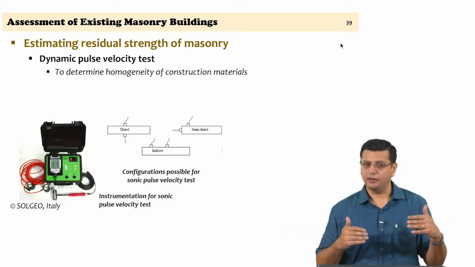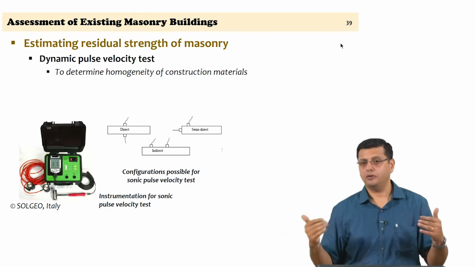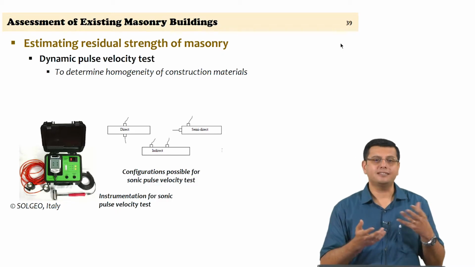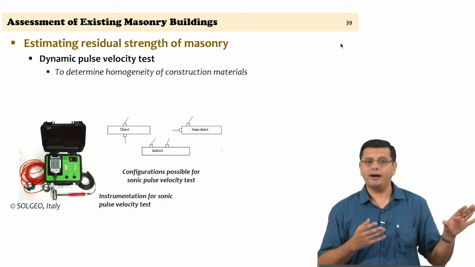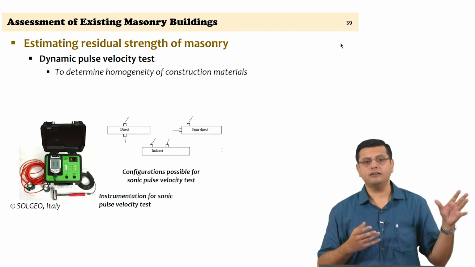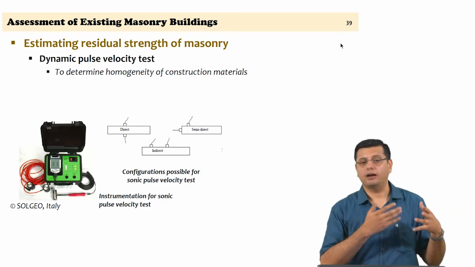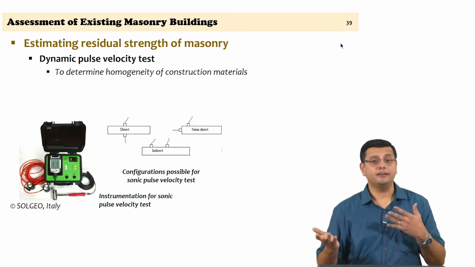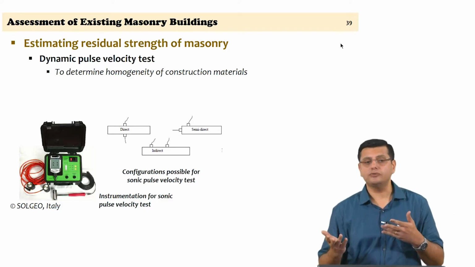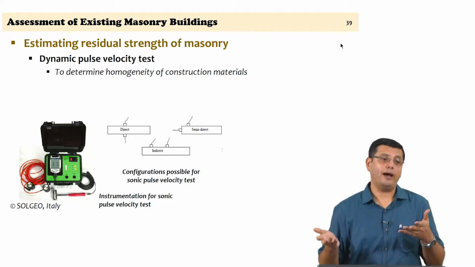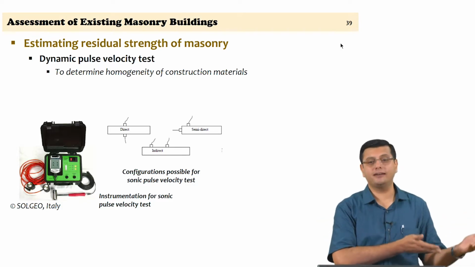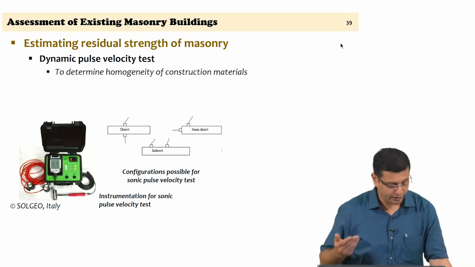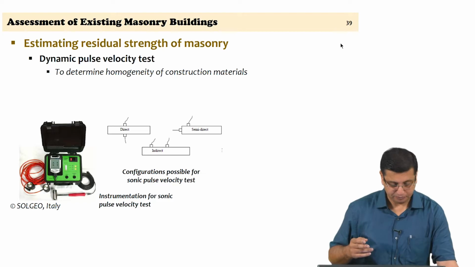If there is a lot of heterogeneity in the velocities through these structural load bearing walls, it starts giving you a basis that okay, some parts have been affected due to aging and some parts are in better conservation, better state of preservation, and this will start giving you a basis for some strength values that you must use in a reduced manner in some parts, in a way that is not reduced in other parts where deterioration has not actually happened.